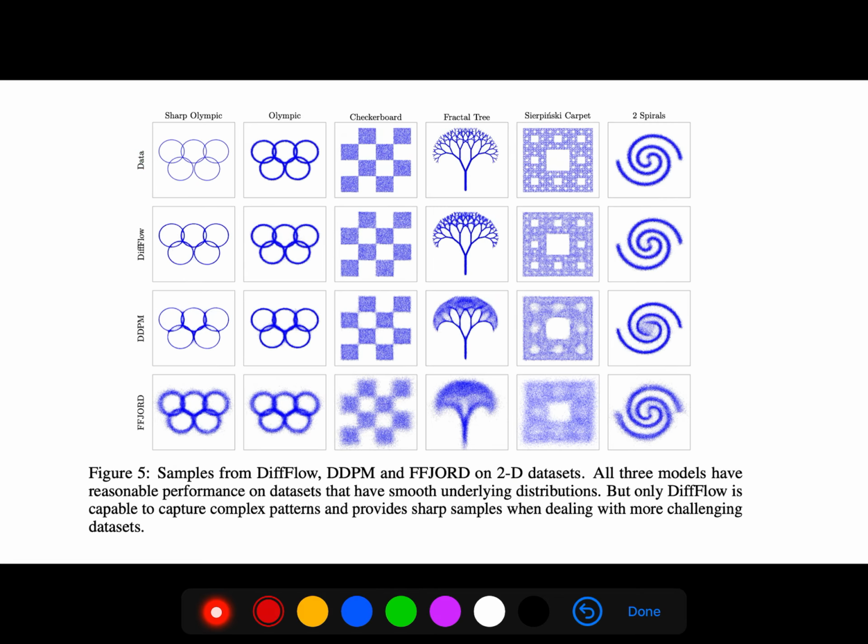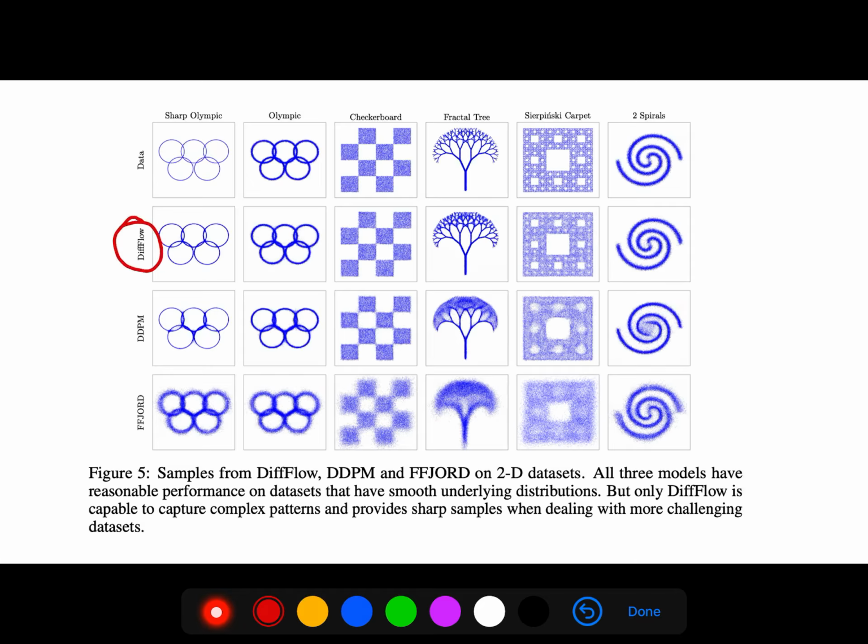So you see samples on 2D data sets. All three models have reasonable performance on data sets that have smooth underlying distributions, but only diff flow is capable of capturing these complex patterns.